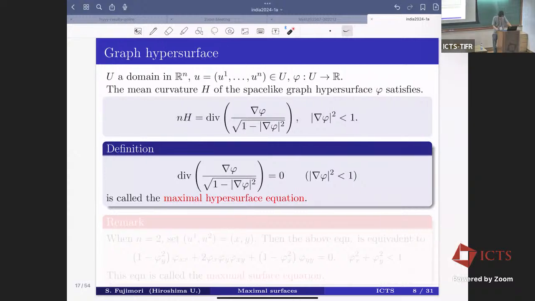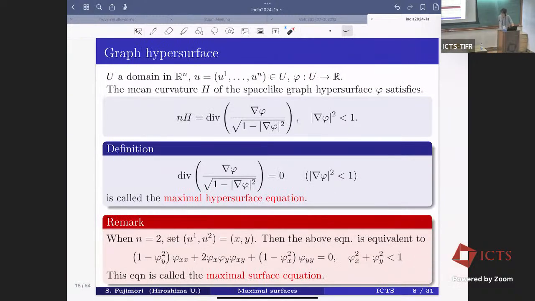So then if phi satisfies this equation, then the graph is a maximal hypersurface. Okay. And vice versa. So this equation is called the maximal hypersurface equation. And in the n equals 2 case, we set u1, u2 equal to x, y. Then this equation is equivalent to this equation.